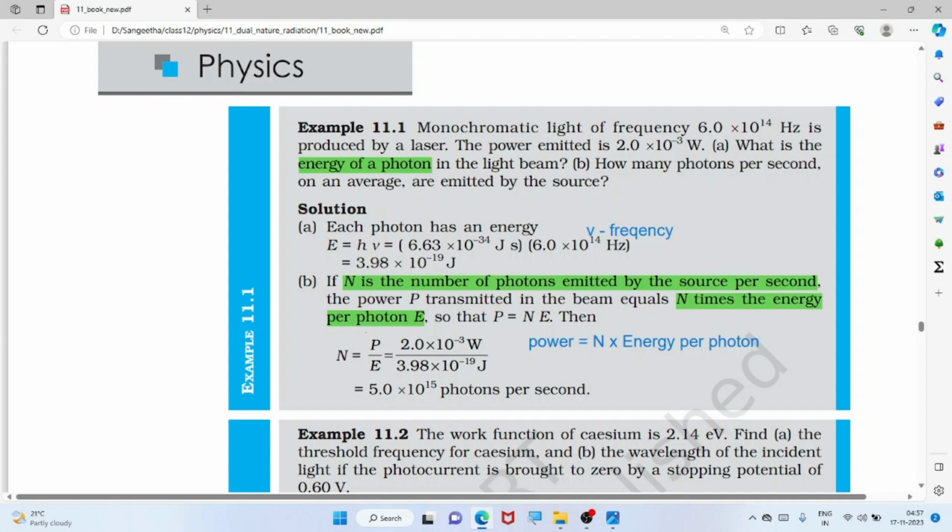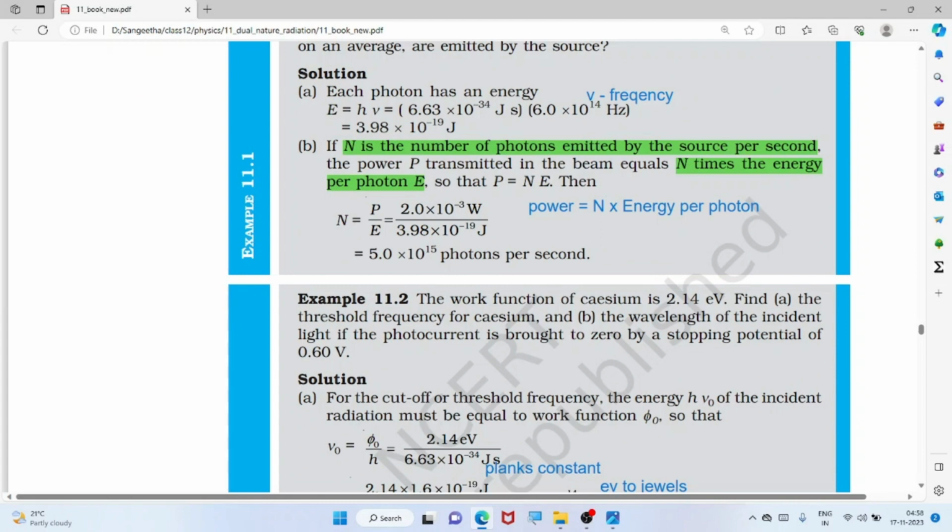They are asking how many photons per second are in the light beam. Power equals the number of photons per second times the energy. You have computed the energy, the power is given, so P by E is the number of photons per second.